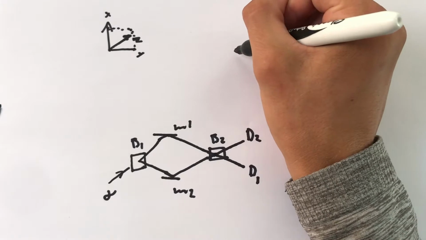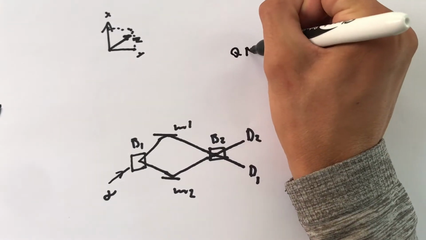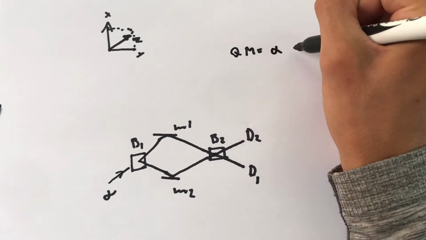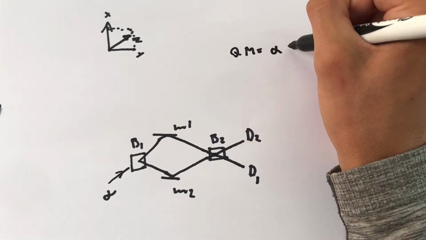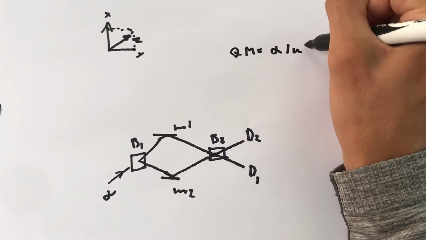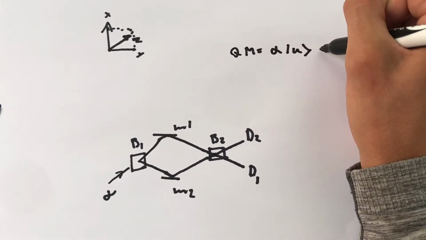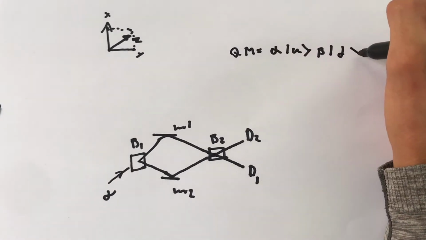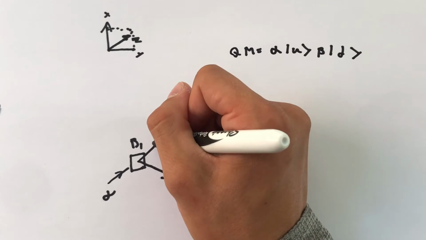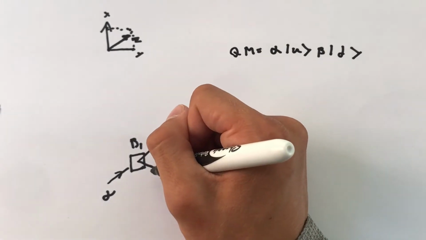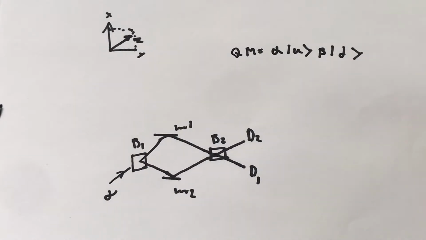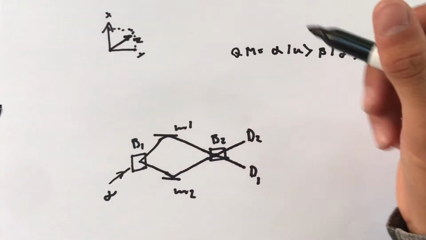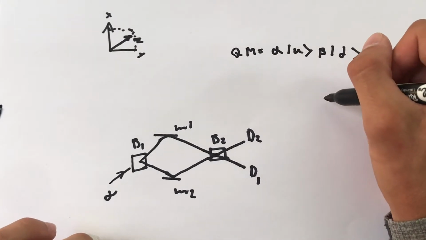The quantum mechanical state for this can be described as having a certain probability amplitude, alpha, of going into the upper beam, and another, beta, of passing through the lower beam. So this is the upper beam and this is the lower beam.